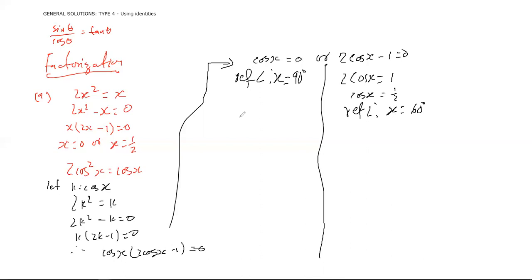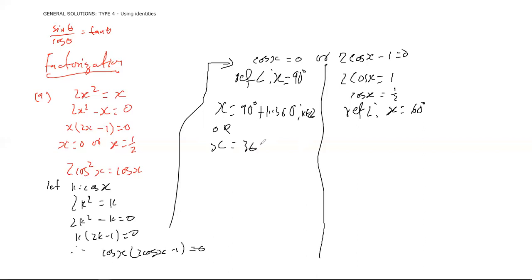This one is one of those that make you work a lot, and if you're not concentrating, you can easily lose marks. I'm not going to get into the whole solution, but you're going to have either x equals 90 plus k times 360 degrees, where k is an integer, or x where cos is positive in the fourth quadrant.